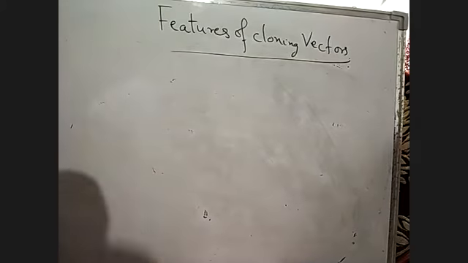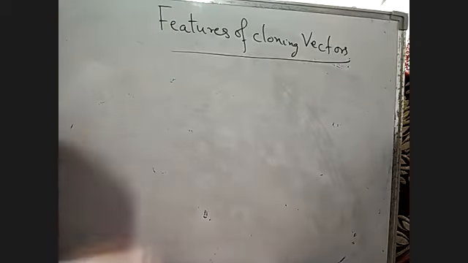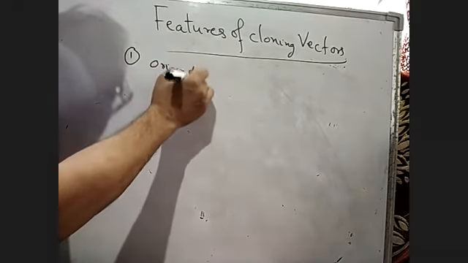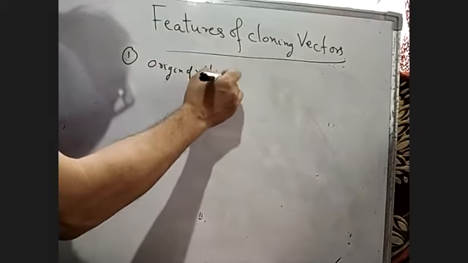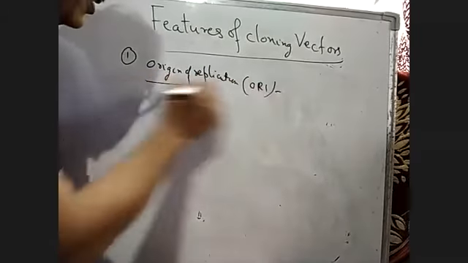Now the features of the cloning vector. Number one, origin of replication, called ORI.